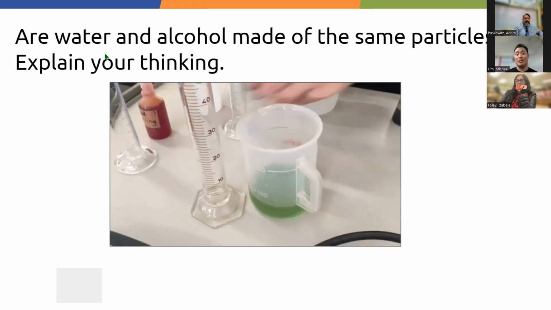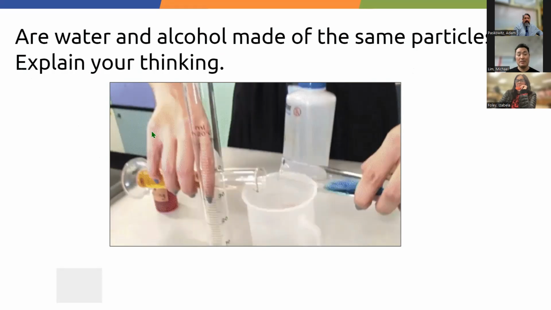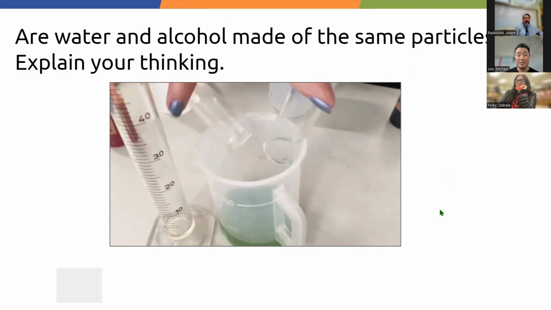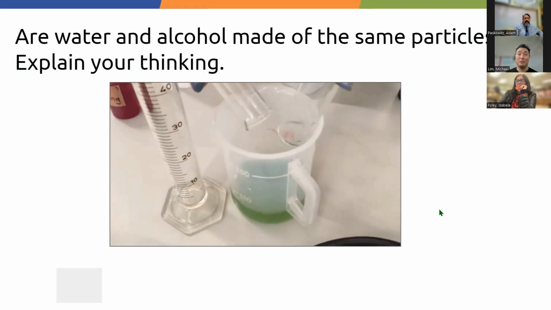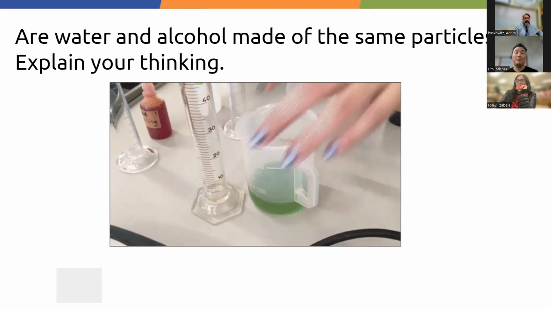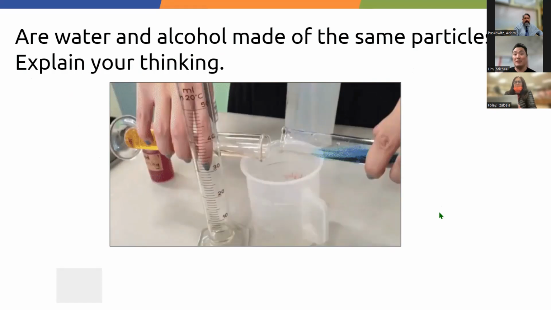Here's an example. Is water and alcohol made of the same particles? Well, if they're going to answer this prompt, they're going to have to say explicitly that the water molecules are different sizes than the alcohol particles, allowing them to fit between the gaps of the other molecule.